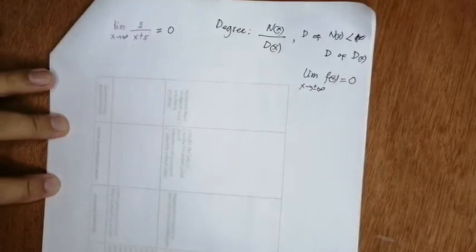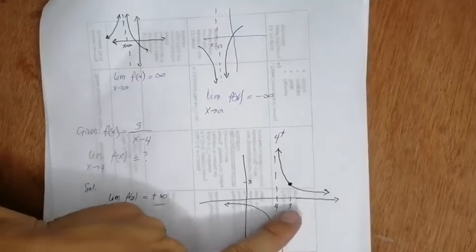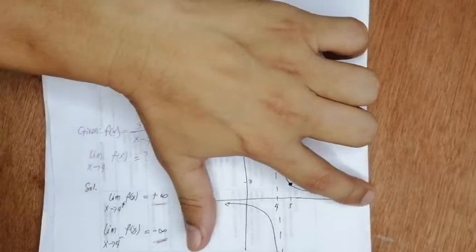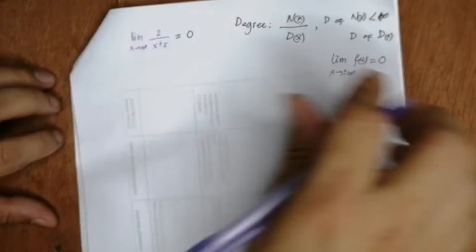So kung makikita natin sa graph kanina, so parang example dito sa graph, asan yan? Example sa graph natin dito, ayan, yung parang ganito, as x approaches positive infinity. So yung graph natin papunta doon, nagsi-0 na siya. Okay? Now, another example. This is actually, isang case lang muna.